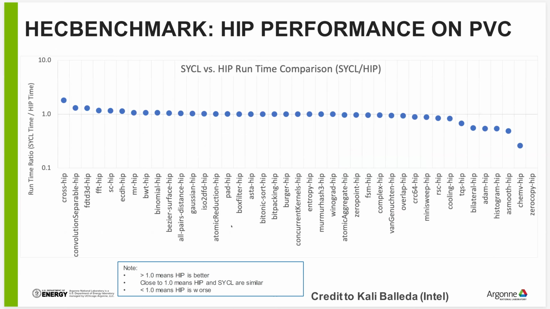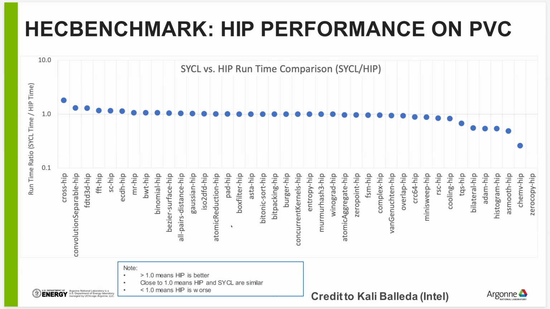So if we want to compare HIP and SYCL performance on PVCs, we can take the ratio of the benchmarks between the HIP and the SYCL version. On the left, you have the benchmarks that behave better on HIP. And on the right, you have the benchmarks that behave better on SYCL.